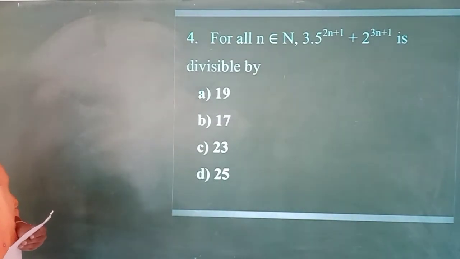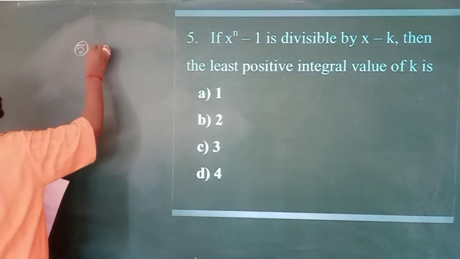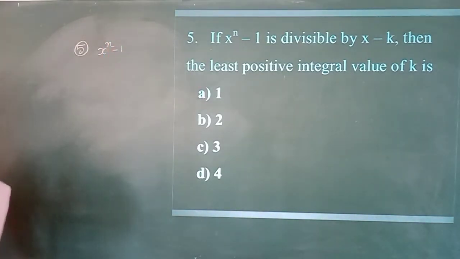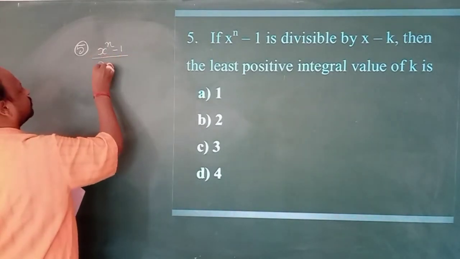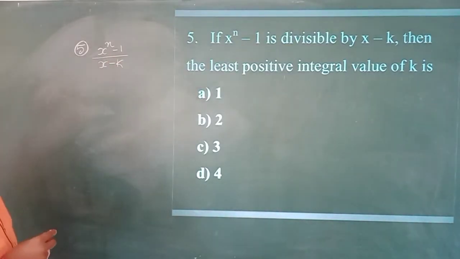Go for next one, fifth one. X power n minus 1 is divisible by x minus k. The least positive integral value of k is.